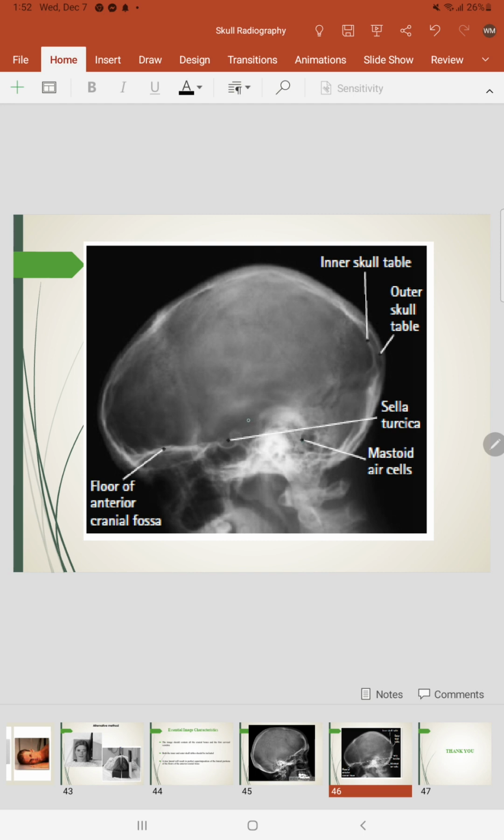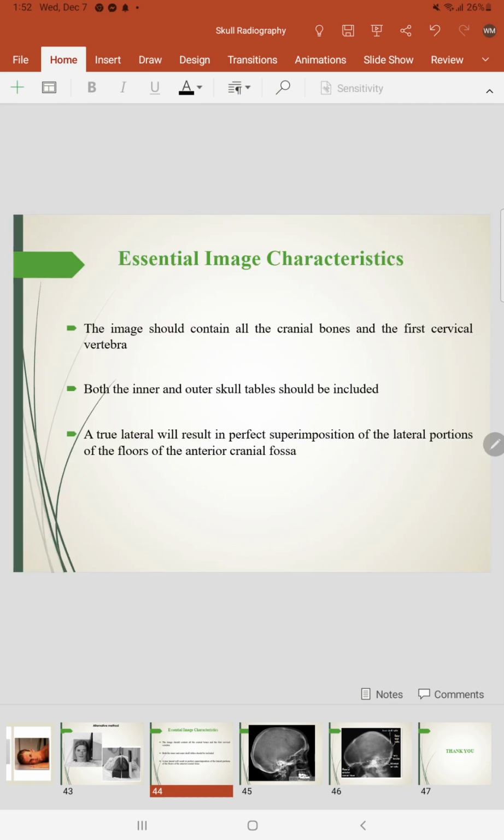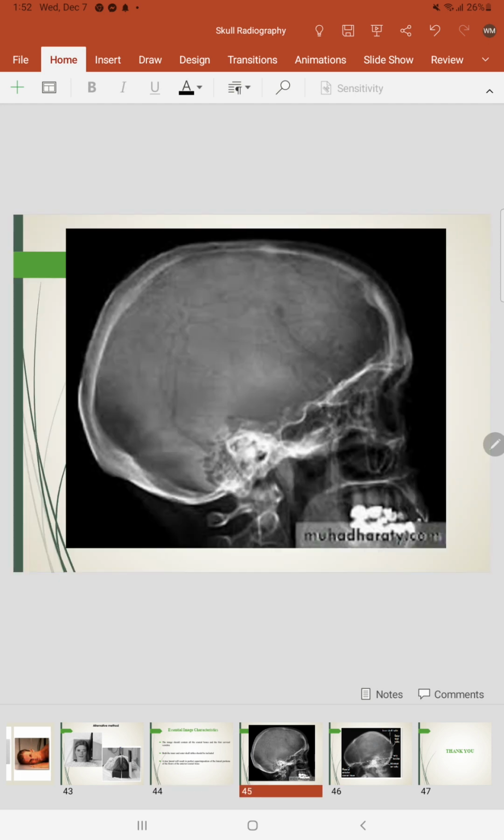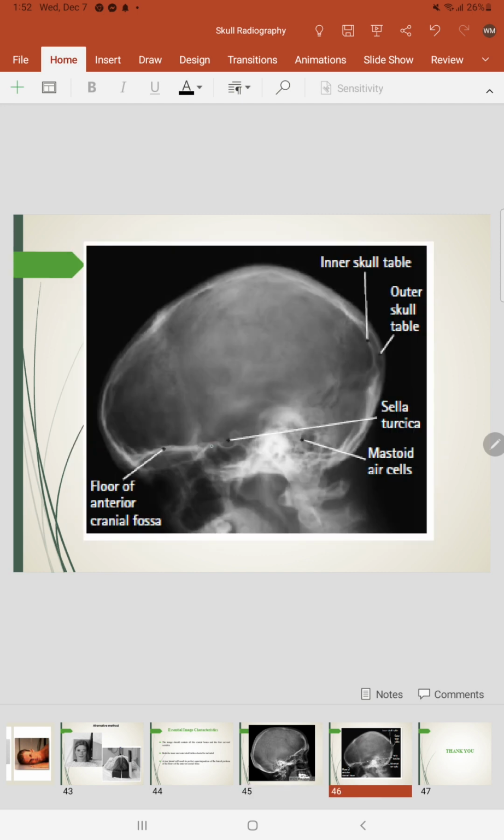A true lateral will result in perfect superimposition of the lateral portions of the floors of the anterior cranial fossa. This one, you can see very clearly.